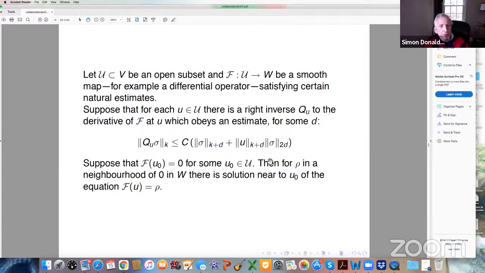Then the statement is that if we have one solution of the equation f of u equals 0 for some particular u naught, then if I take a rho sufficiently close to 0 in our space W, we can solve the equation f of u equals rho.